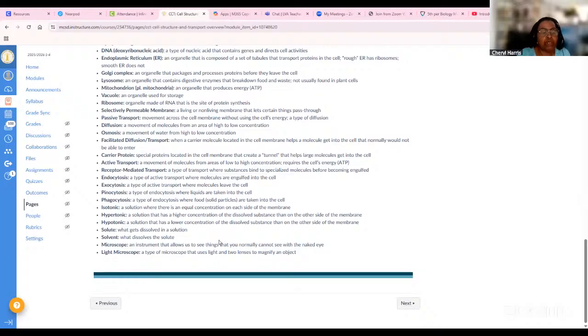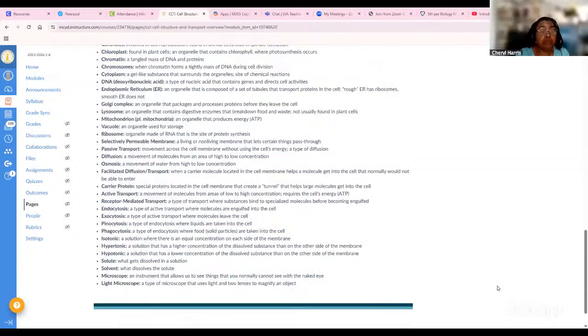We need to look at microscopes, and there are different kinds of microscopes. The cells do different things when you put them in water. So we're going to learn about hypertonic, hypotonic, and isotonic cells. We talked a little bit about water being the universal solvent, because everything can dissolve in water. So we're going to look at the difference between a solute and a solvent.